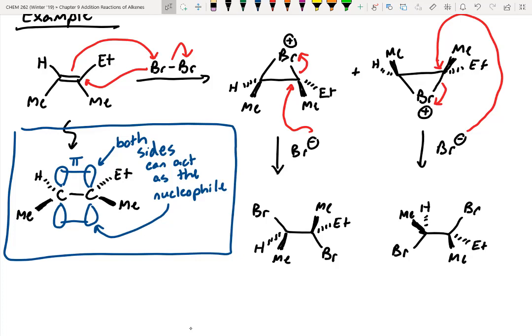Are they identical? Let's think about it, right? Who thinks they're diastereomers? Who thinks they're enantiomers? A few people think enantiomers. Yes, they would be enantiomers. They are non-superimposable mirror images of one another. So in this example, you got a mixture of enantiomers.